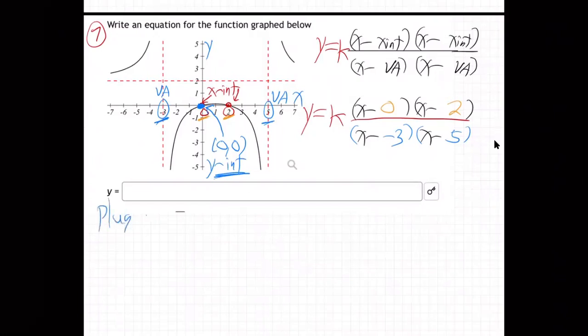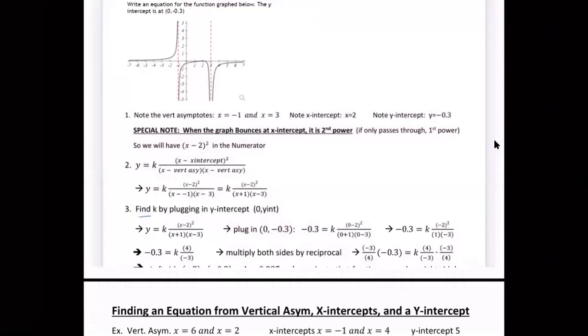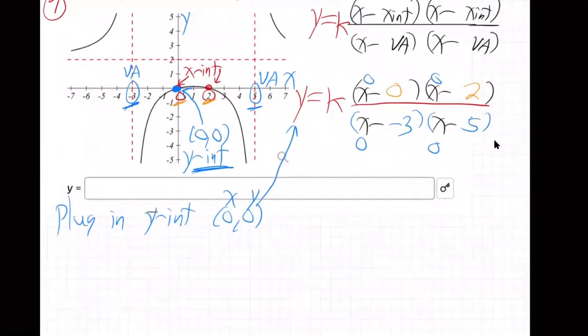So plug in the y-intercept, which is also the x-intercept, 0, 0, meaning x is 0, y is 0. Plug in y is 0, and then put in 0 for all these x spots. That's what it's saying in the notes here. So let's do that.